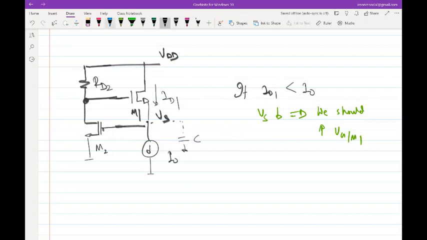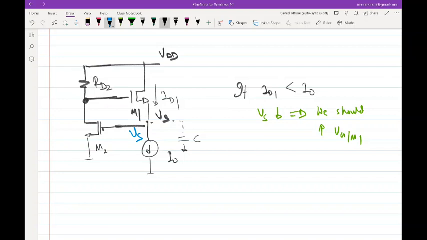Now, without going into the mathematical details in this class, how do you go about figuring out whether both the transistors are in saturation? Assume it is in saturation and then find out the constant, right? So I will start off with, let's say this is Vs. For this Vs, what will be the gate voltage of M1?